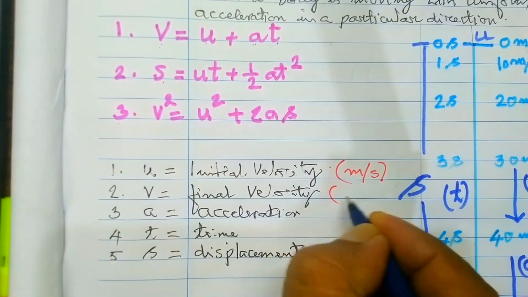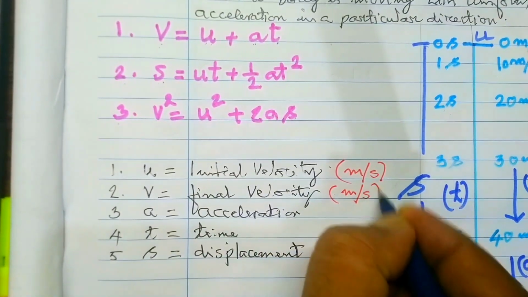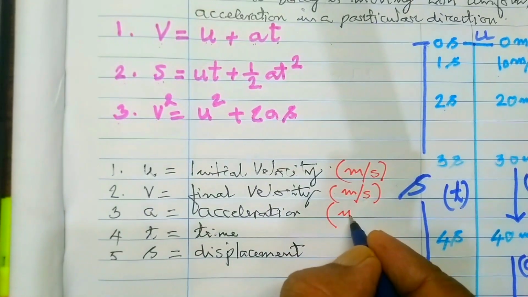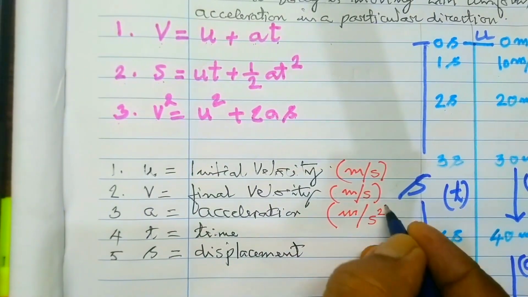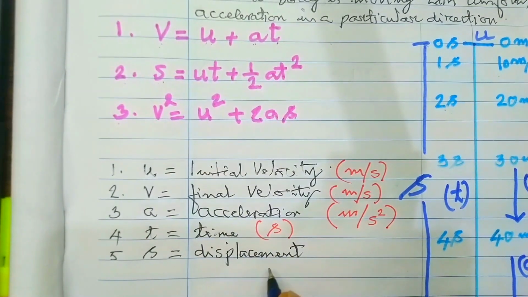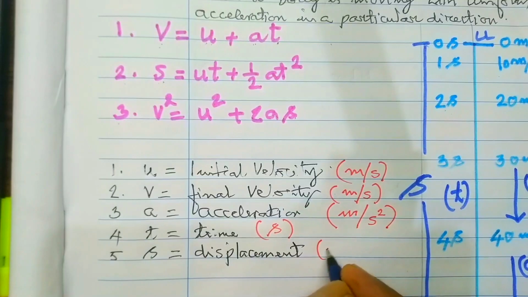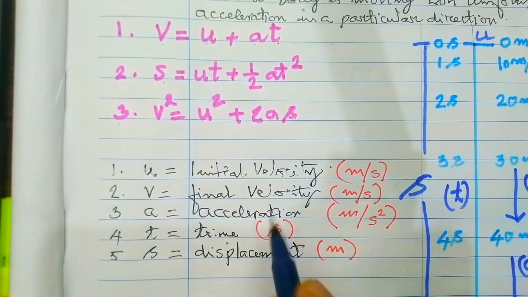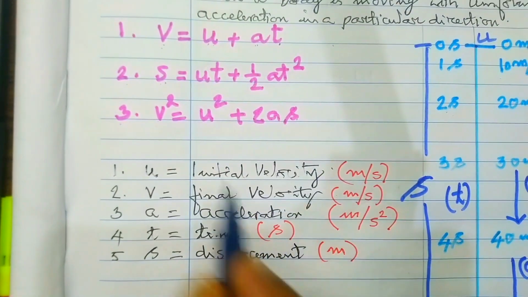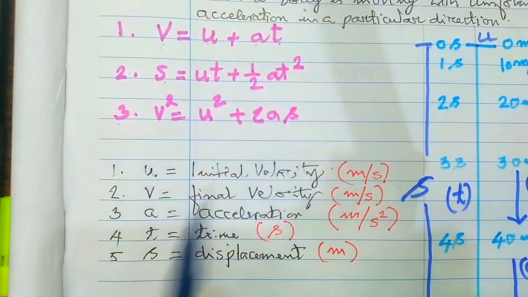All of you remember the acceleration unit from my previous videos: meter per second square. Time is in seconds only. Displacement is in meters. These are all the 5 quantities involved in these equations.